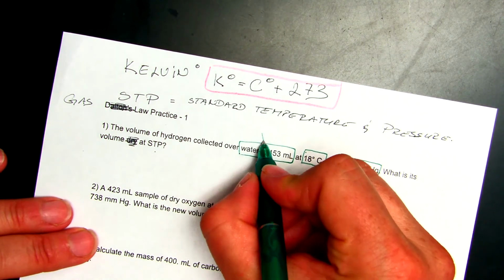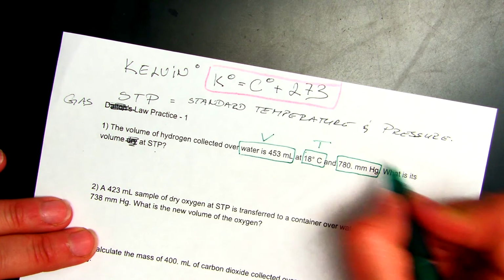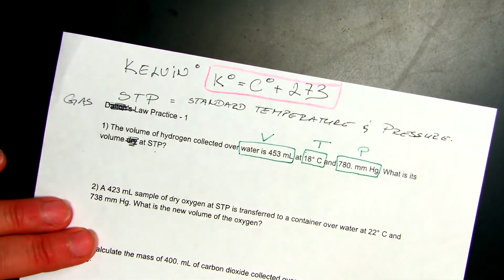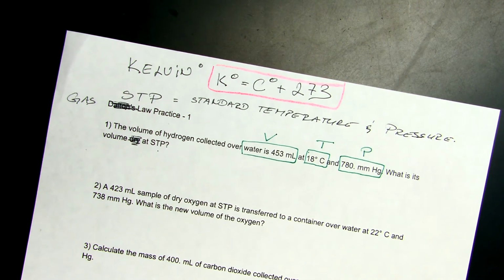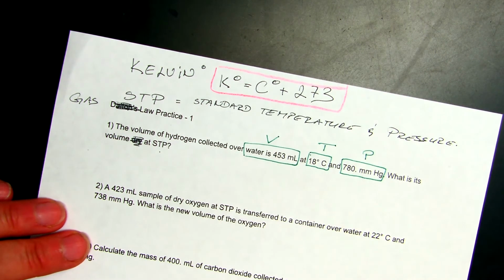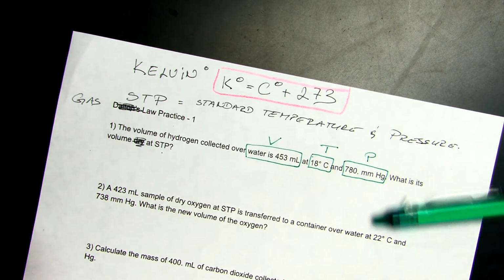So I have volume, I have temperature, and I have pressure. I can use basically any law that I wanted to calculate this. Any law would work in some ways because I have all three things. So I have to pick one.